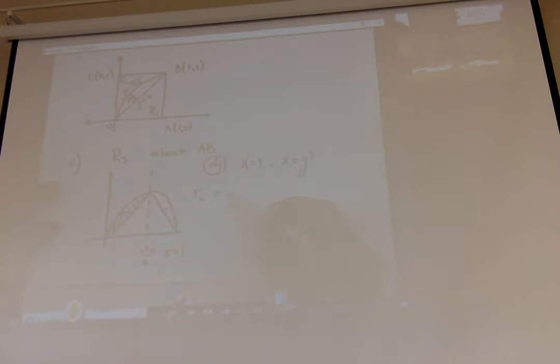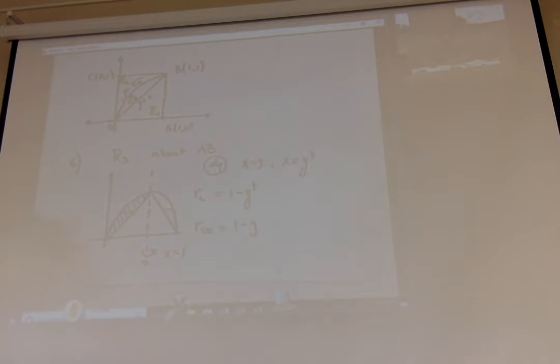What do we get? 1 minus y to the 4th. Can you see 1 minus y to the 4th? I just want to make sure you have no problems here. Then the small radius is from here to this point, which will be 1 minus y. Well, we got those.